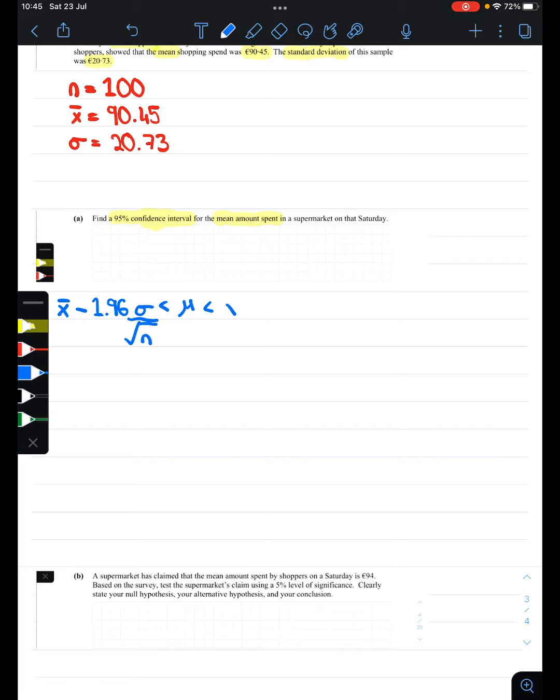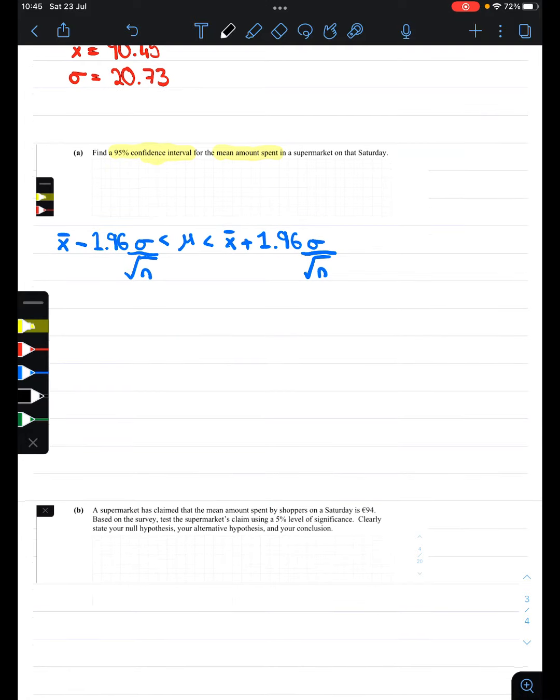And it's less than, with 95% confidence, x bar plus 1.96, the standard deviation over the square root of the sample size.